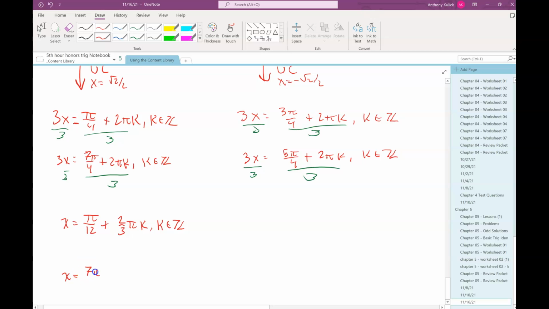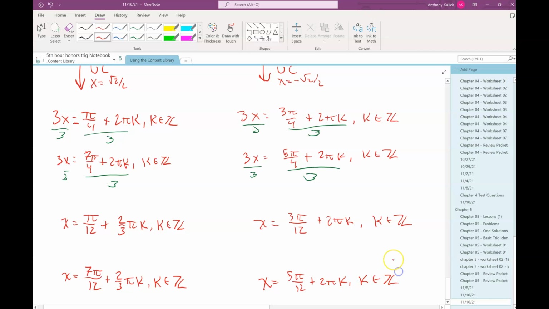And I'm going to leave a space underneath it for where I'm going to generate all of my solutions. And now here I'm going to write this as 3 pi over 12. I know I can reduce that, but it turns out it's going to be a little bit more convenient if I don't do all my reducing until the very end.